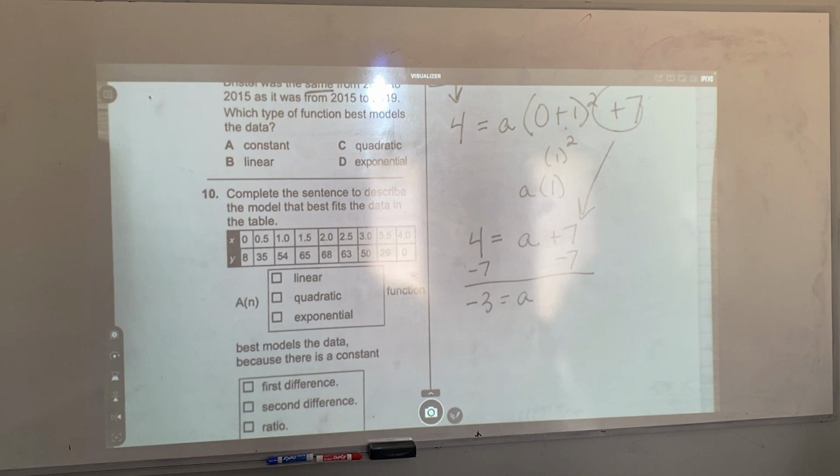Somebody got this in the last class, and I was very impressed. I want you to try to think of the answer to this question. If a linear function forms a line because there's a continuous and constant change, what might the function of a constant look like on a coordinate plane?